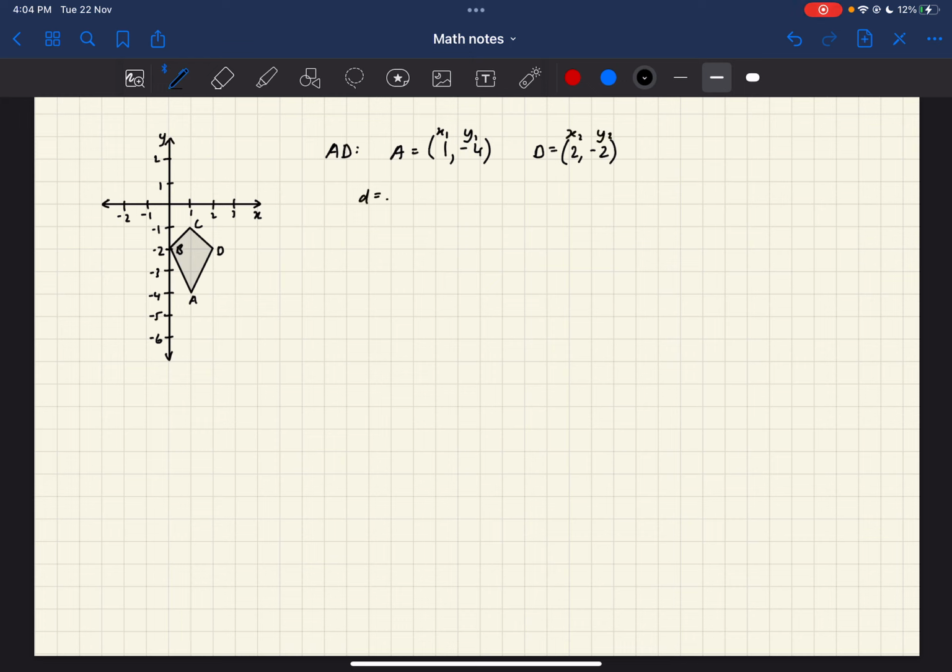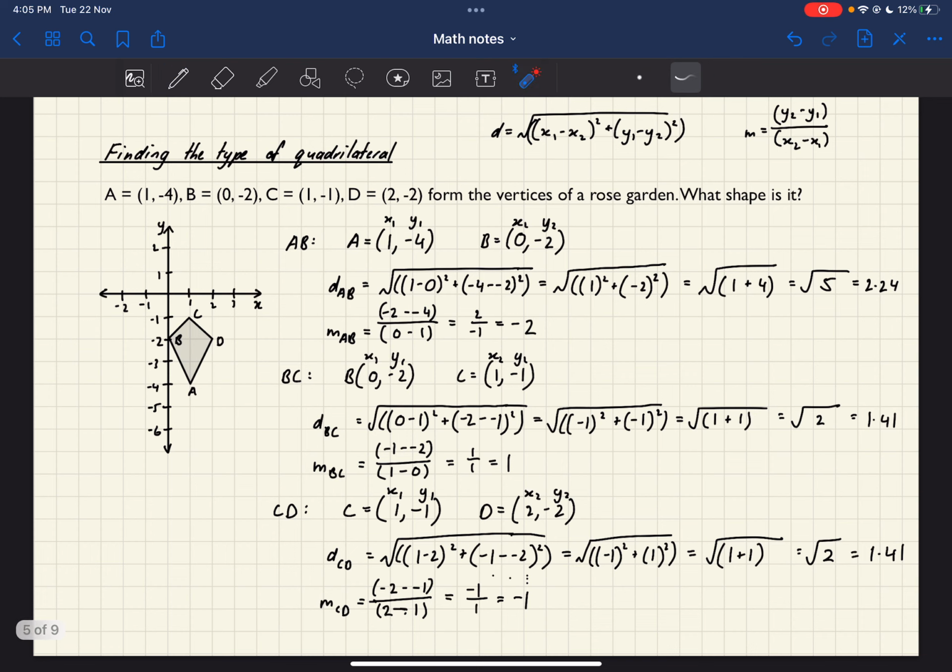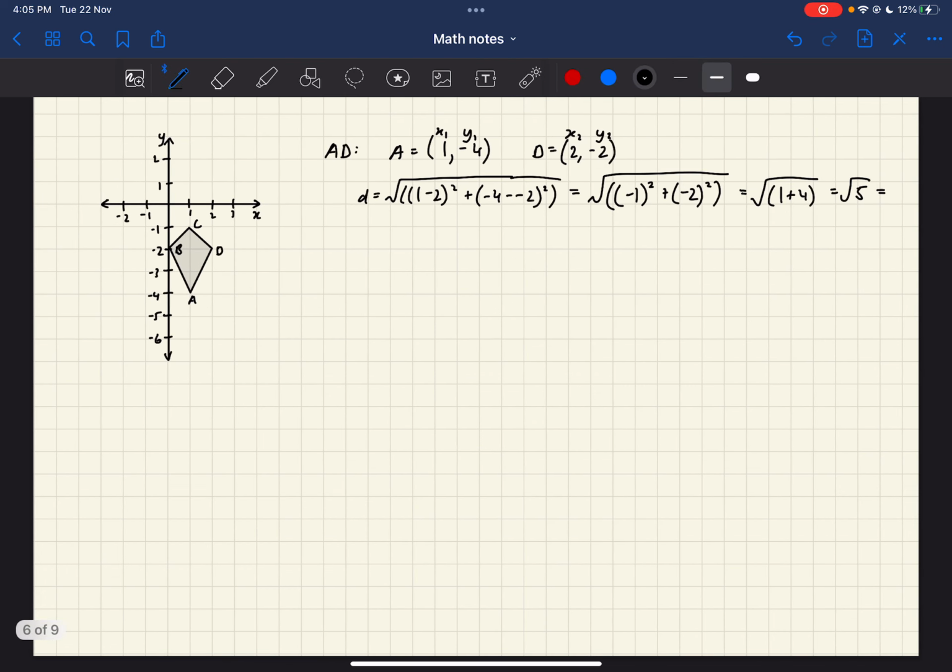So your distance equals square root of (1 minus 2) squared plus (-4 minus -2) squared, which equals -1 squared plus -2 squared, which equals 1 plus 4, equals the square root of 5, which is the same as before, so it's 2.24.